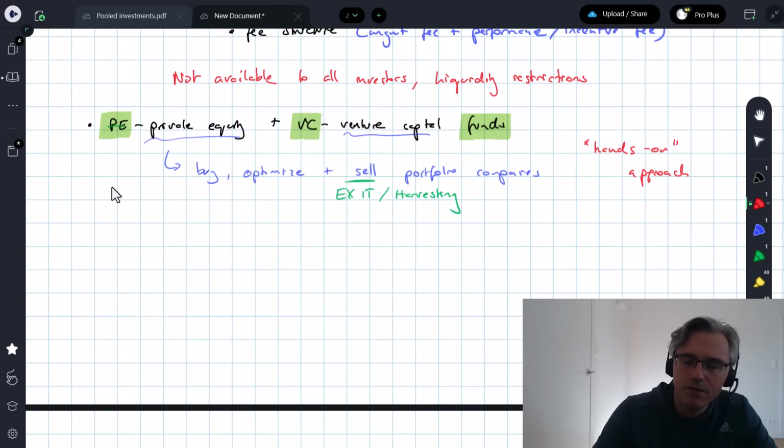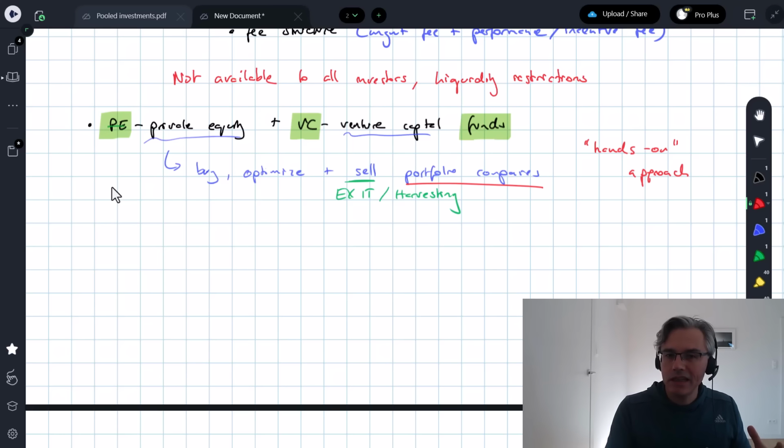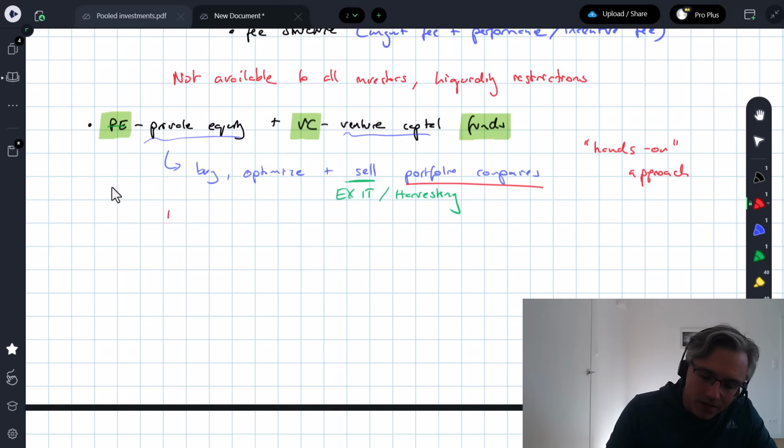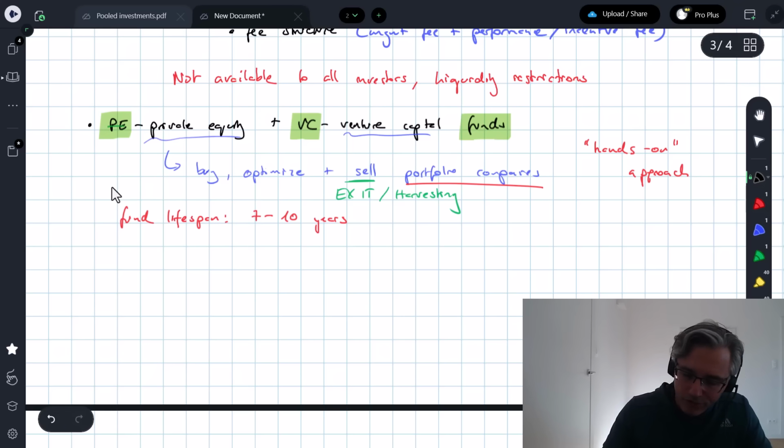They typically want to appoint key managers in the business so as to make sure those portfolio companies are being run in accordance with their expectations, and they want to also be in control of what's going on. The lifespan of these funds is typically somewhere between 7 to 10 years, although, of course, that's just average.